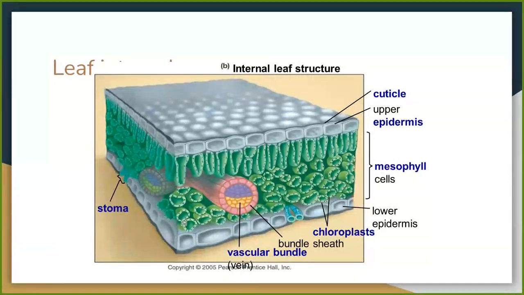Leaves have different layers, and then there's a specific layer in the middle that allows for photosynthesis. You'll see a big vein going through the leaf. That's part of the vascular system. It allows for material transfer. We'll go more into detail about that later.